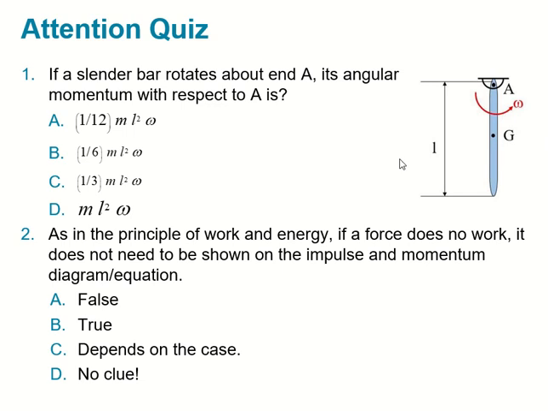You have a slender bar that rotates about A, and the angular momentum with respect to A. Since we're dealing with the angular momentum, you're going to take a look at it. Angular momentum is always right. You have your angular velocity, so they all have it, and you have a moment of inertia.